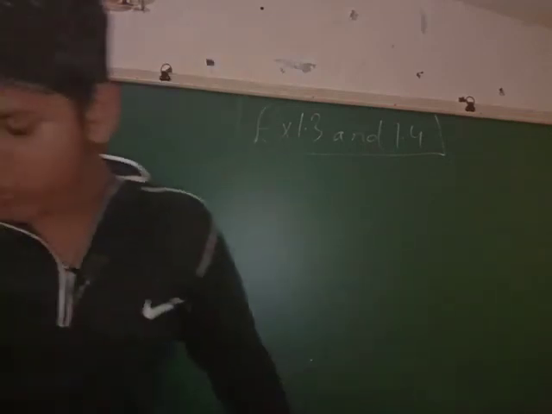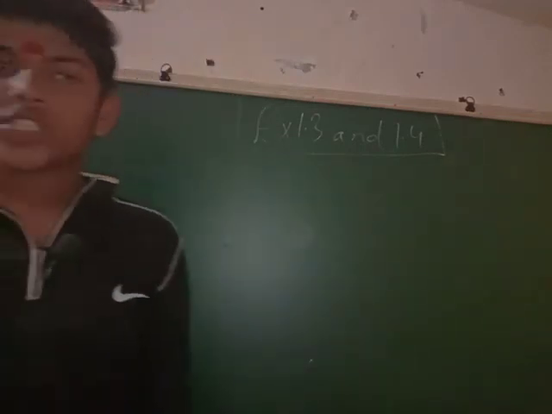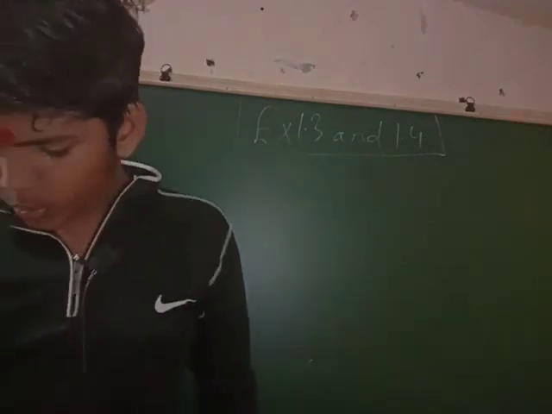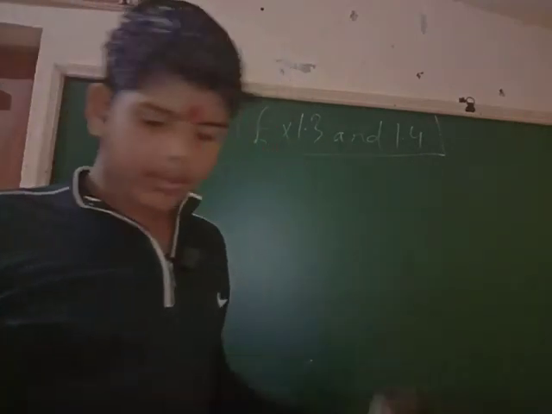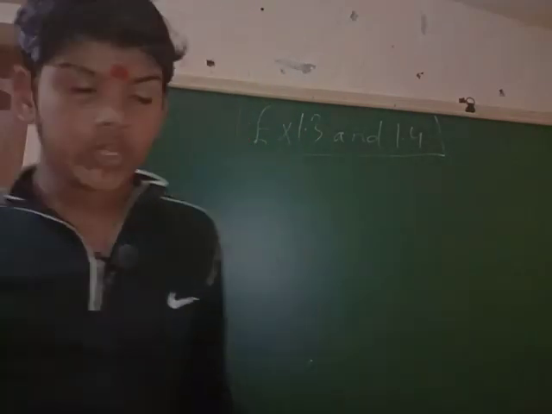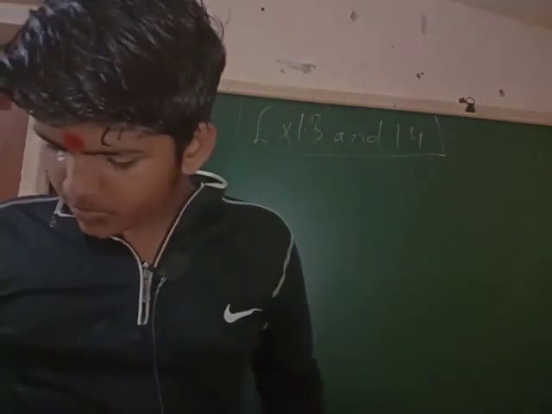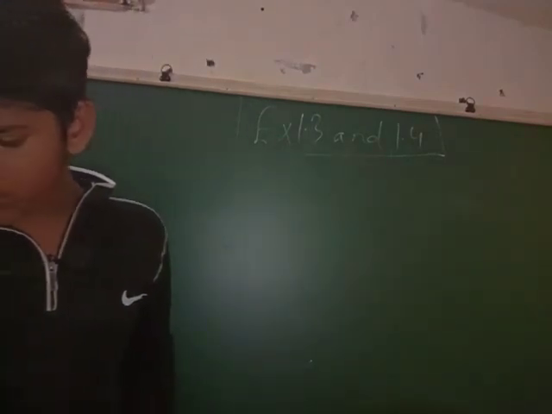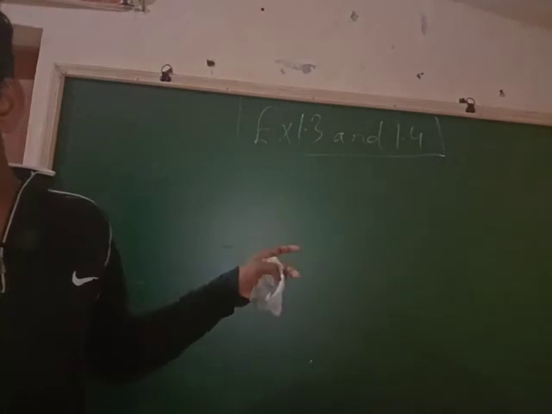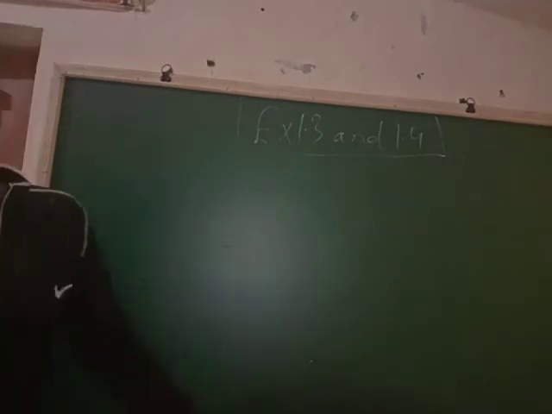You can read this question here. 15 upon 1600, terminating. 29 upon 343, non-terminating. 23 upon 2 power 3 and 5 power 2 is terminating. And the seventh question, 129 divided by 2 square 5 power 7 and 7 power 5 is a non-terminating number.